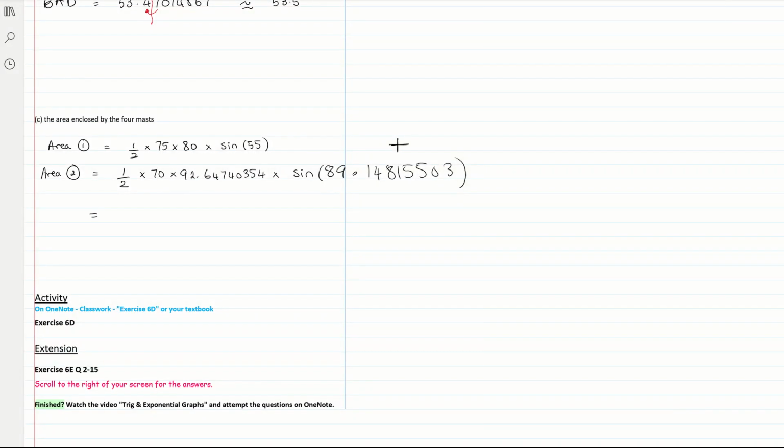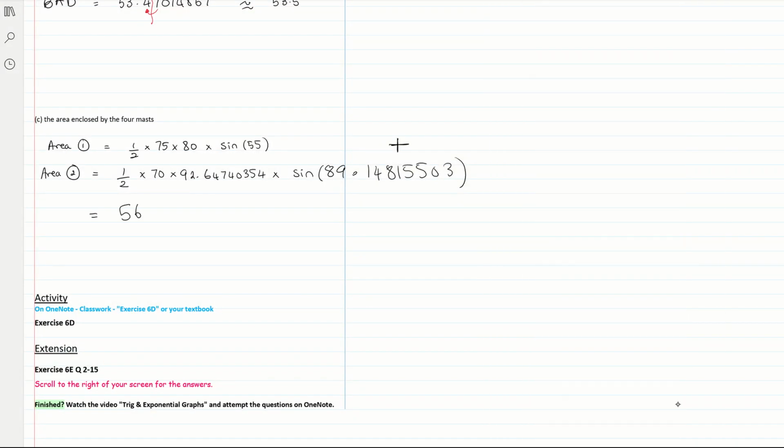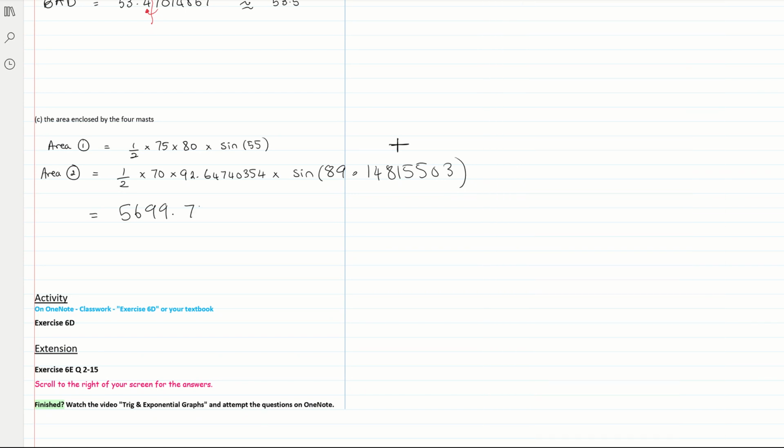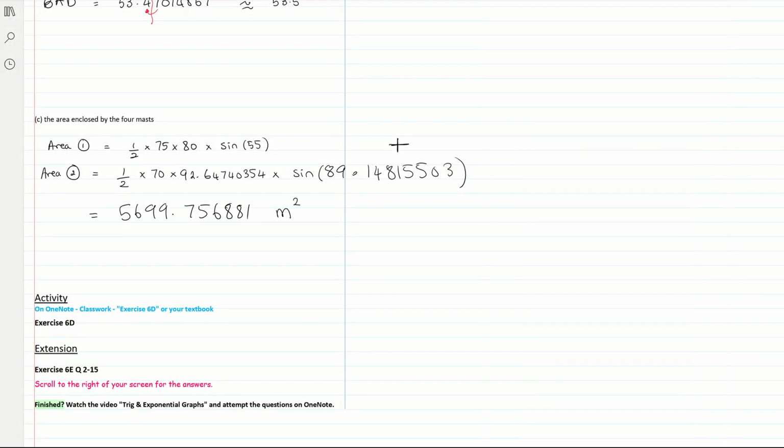So the answer is 5699.756881. That's it, and that is going to be meters squared.